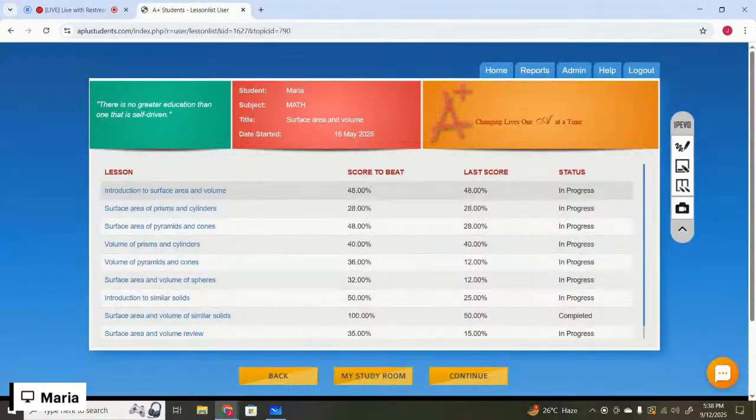The lessons we have covered today are introduction to surface area and volume, surface area of prisms and cylinders, and surface area of pyramids and cones. So please make sure before the next session you complete all the practice questions for the lessons we just did. That is your homework until the next session.